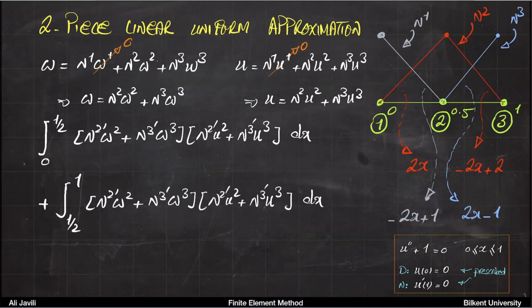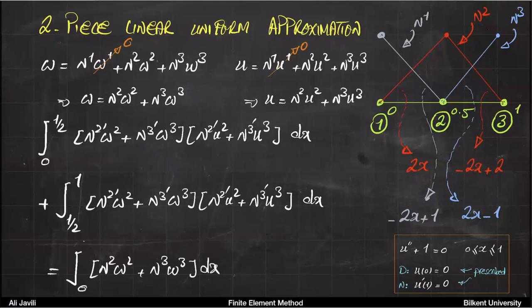Now this was the left-hand side. The right-hand side is the integral of w dx. Now w is just n2 w2 plus n3 w3 itself times dx. This is between 0 and 1/2, and the other one is from 1/2 to 1 of the same thing.